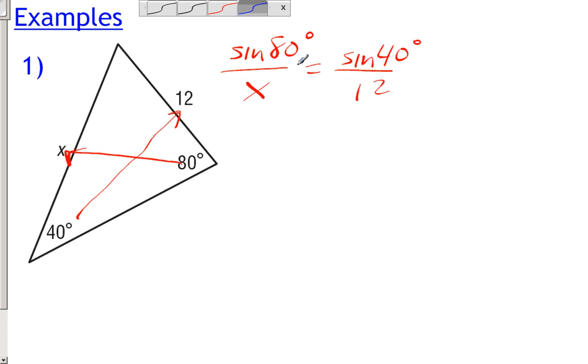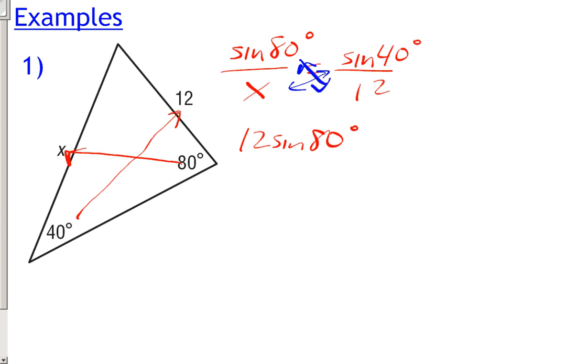Just like what we've talked about before in class, solving a proportion, cross multiply, so one diagonal equals the other when you multiply them. 12 times sine 80 degrees equals x times sine 40 degrees.